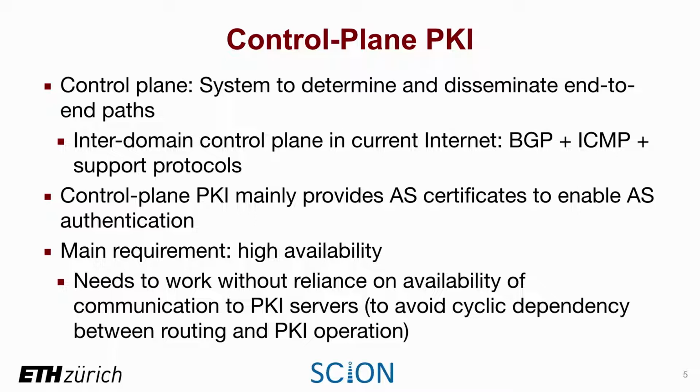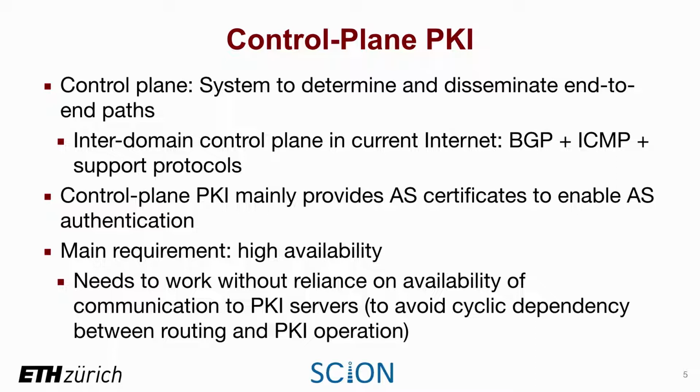In essence, we want the PKI to work without having to rely on being able to communicate with different PKI servers. And this is to avoid cyclic dependency issues between routing and PKI operations. So imagine receiving a routing update message, which you need to be able to trust in order to communicate with end hosts.